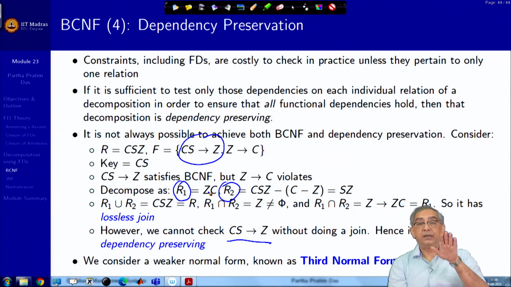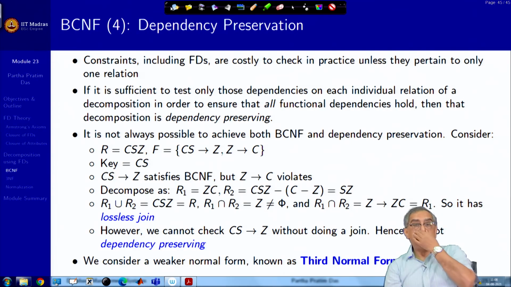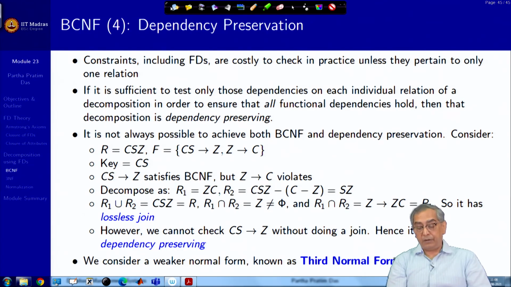Hence, this is not information preserving. So, the lossless join property can be proven, but dependency preservation cannot be proven because it does not hold. We have given a counter example to show that it does not.